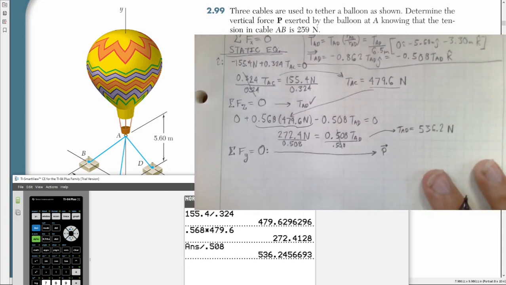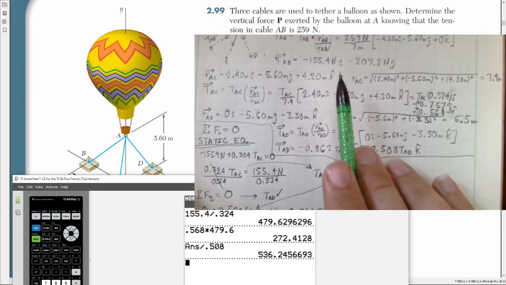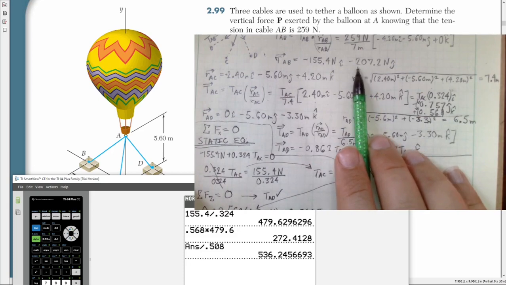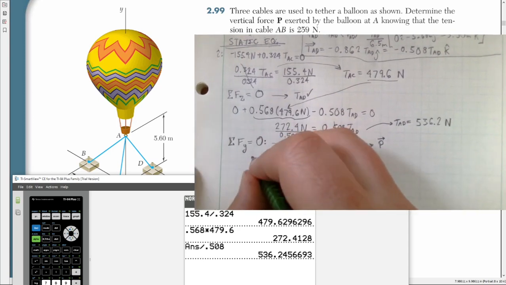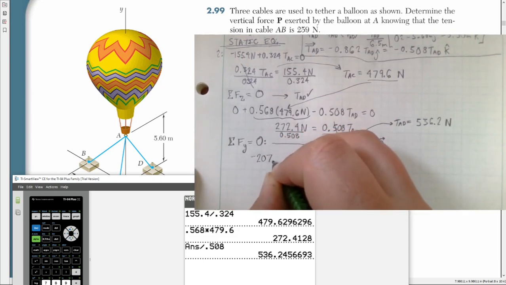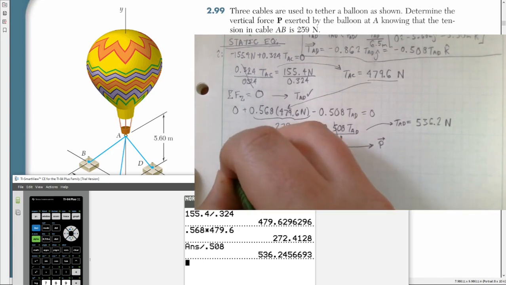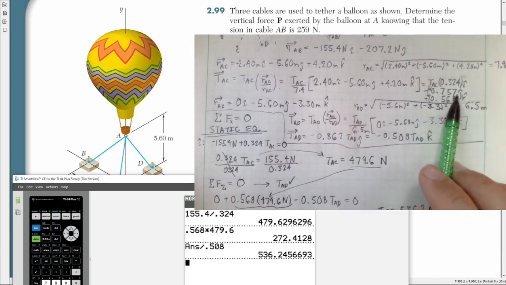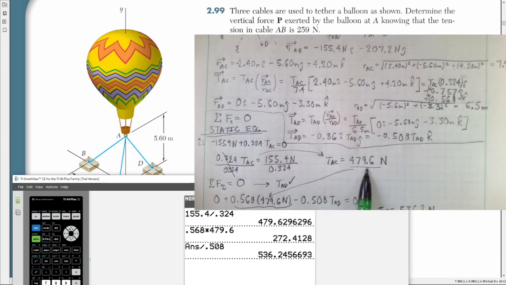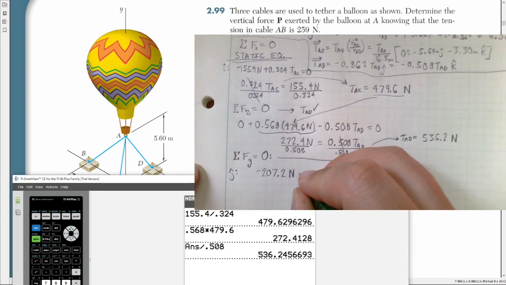All right, so summing force in the y direction, we know we have a 207.2 newton force in the negative j direction for AB. These are all coming from the j direction for the y forces. We have a value of 0.757 times the force value, 479.6 for AC, and it has a negative component as well.